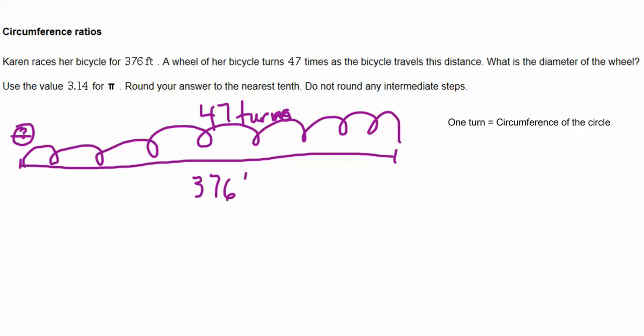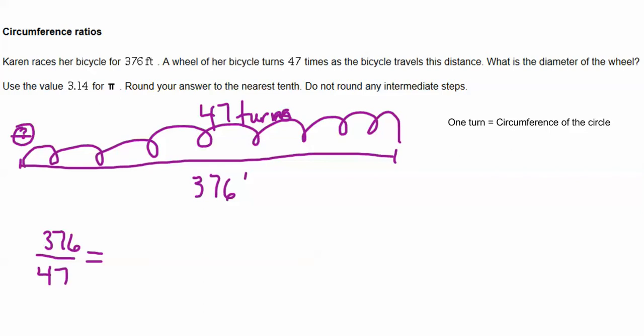So the full distance of the race, 376 feet, is 47 circumferences of her bicycle tire. So to find the circumference of her tire, we're going to take the total distance of the race and divide by the 47 times that the bicycle tire turns. This will give us the circumference of the circle, just one turn of the bicycle wheel.